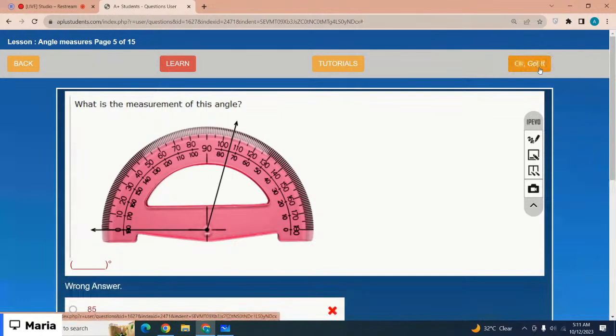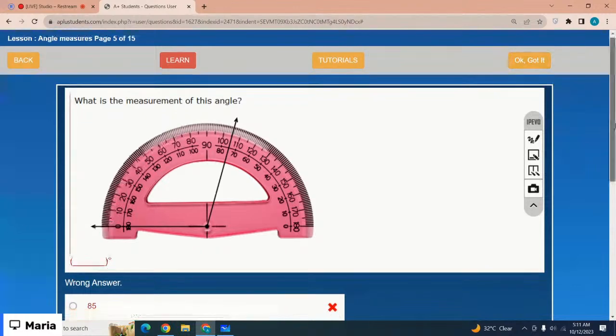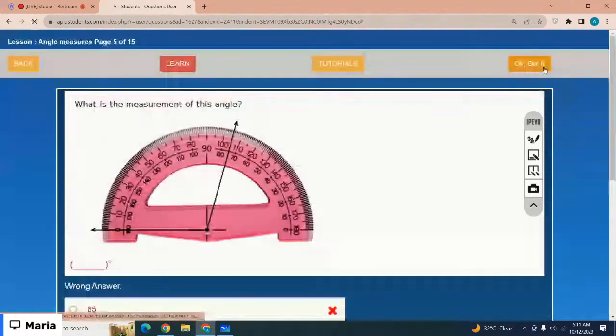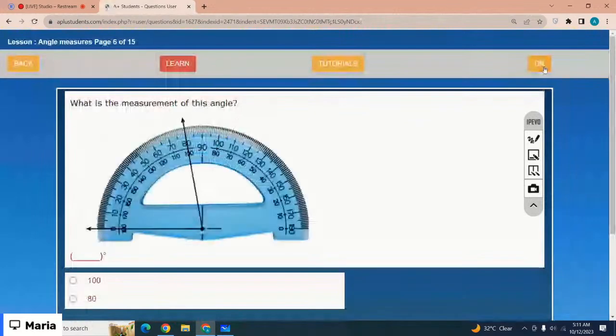Oh, sorry. That is 105 degrees, not 85, right? What is the measurement of this angle? That would be 80 degrees. The correct option is 80.